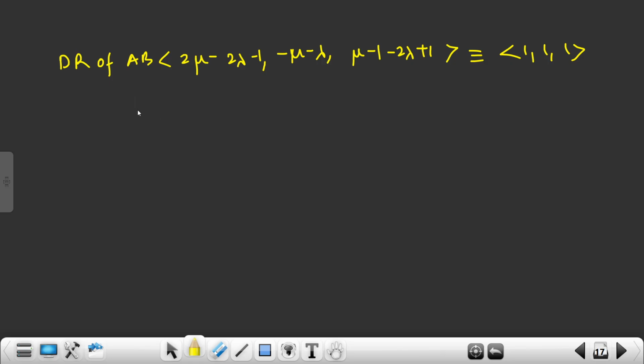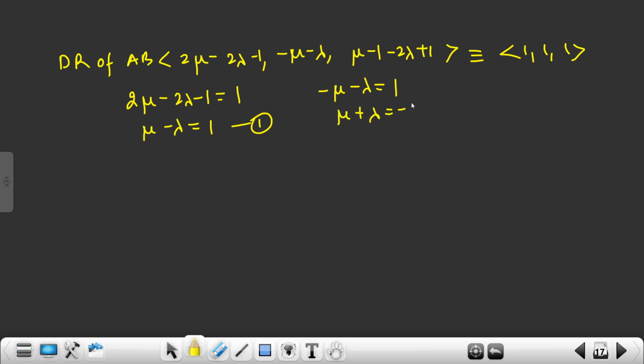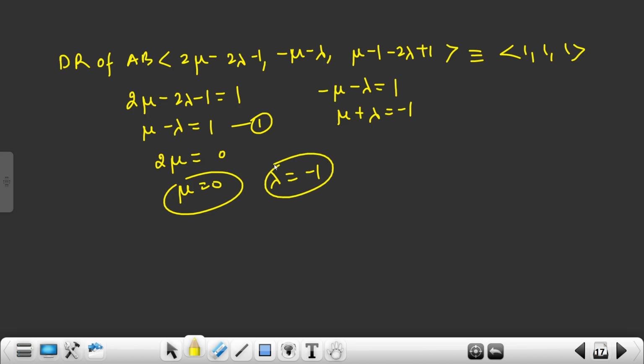Now if I compare, 2 mu minus 2 lambda minus 1 equals 1, so mu minus lambda equals 1. First equation. Second, minus mu minus lambda is 1, so mu plus lambda is minus 1. Add them, so 2 mu equals 0. Mu value is 0, and lambda value is minus 1.